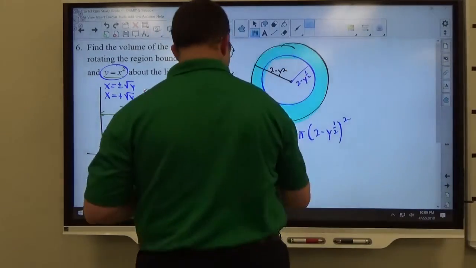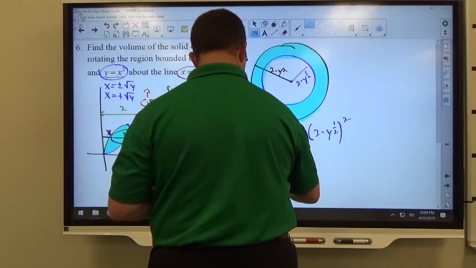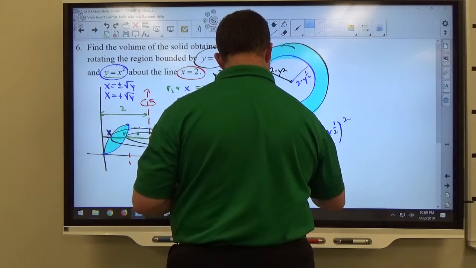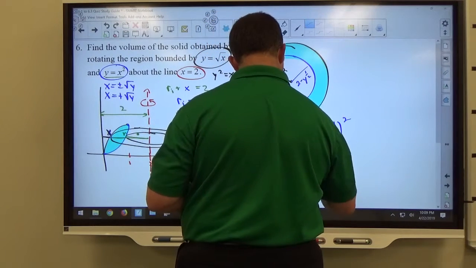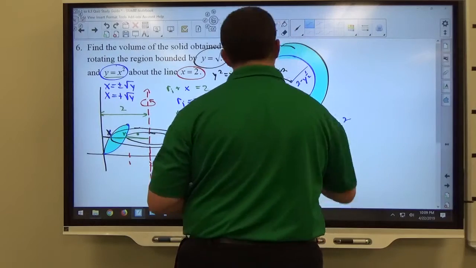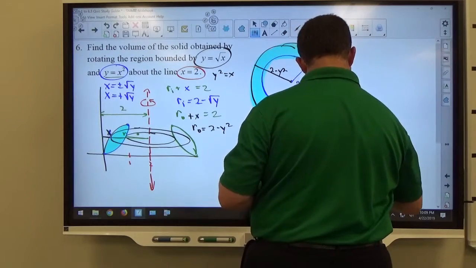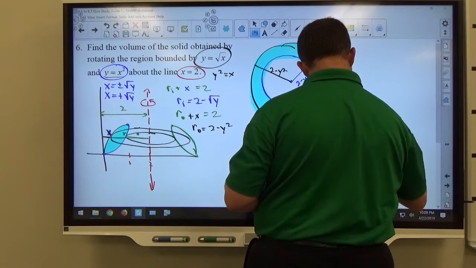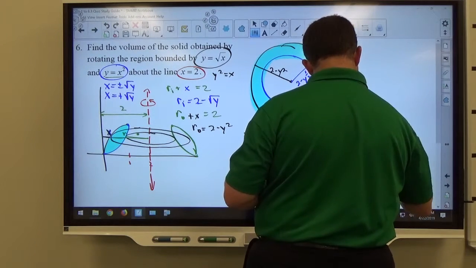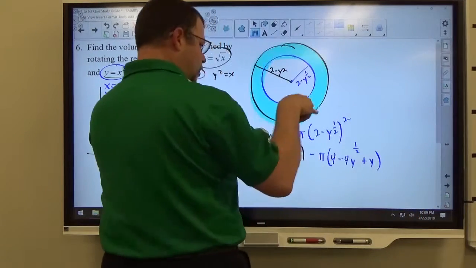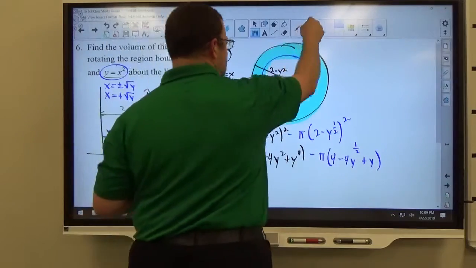So we've got pi times 4 minus 4y squared plus y to the 4th minus pi times 4 minus 4y to the 1/2 plus y to the first. Distribute the pi's through, combine like terms.